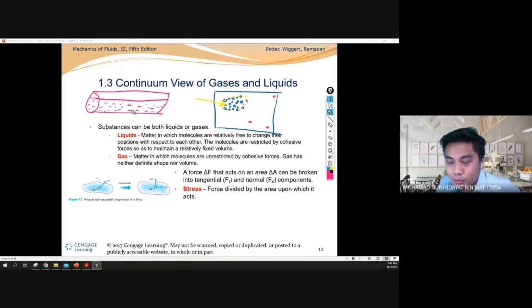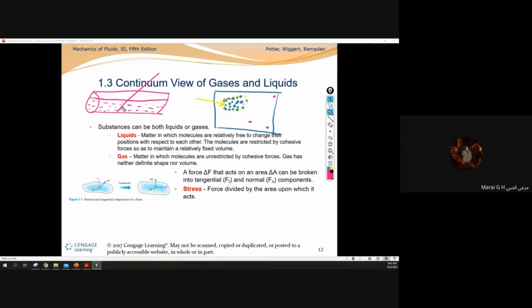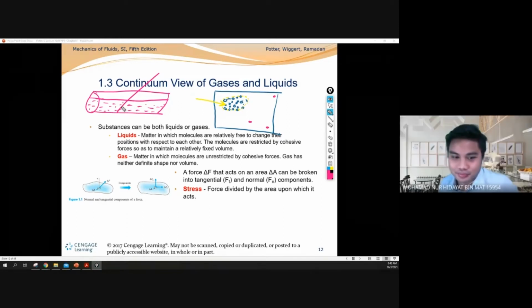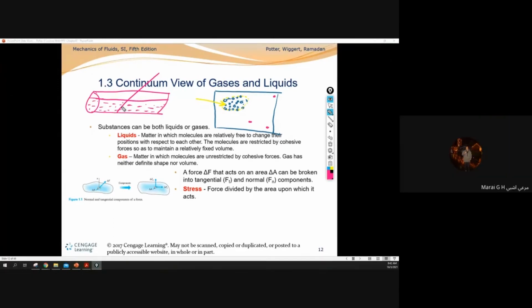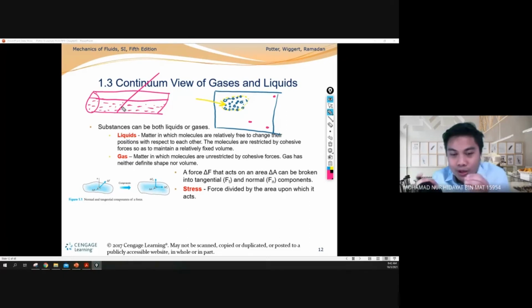This can be proved if you try to cut the water. If you cut the water, what happens? Does it become continuum again? Yes, of course. That is why we call it a continuum. The water particles and other water molecules are very close. Even if you cut, they try to connect back together. We call this a continuum process.